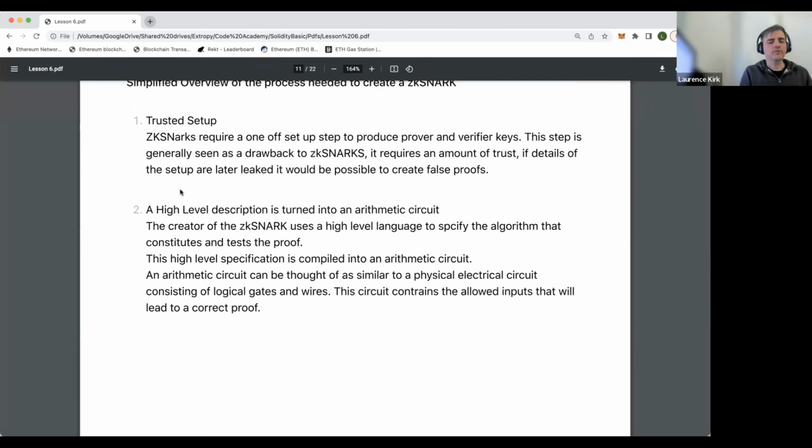And then you take your algorithm, say this is a program that you've written, and then you have to put this through a number of transformations. And this is because what we need for our proof, what we end up with in our proof, is just a piece of data.